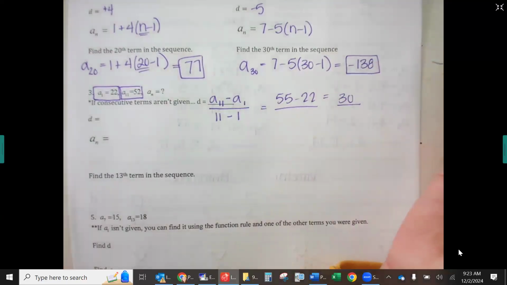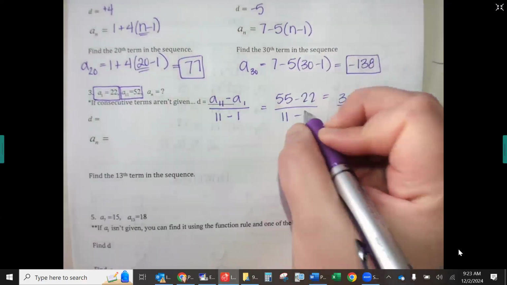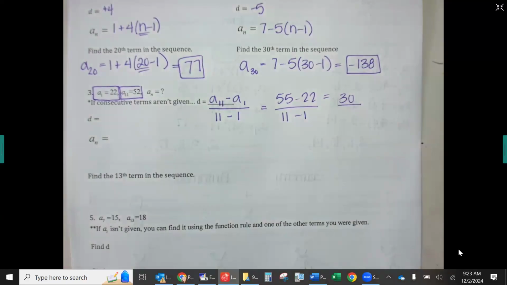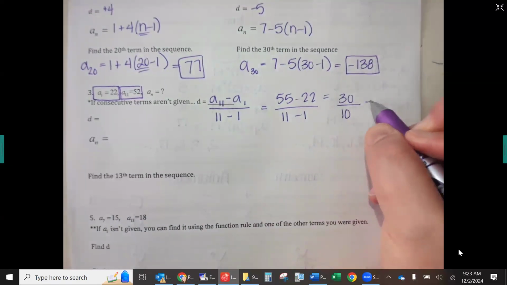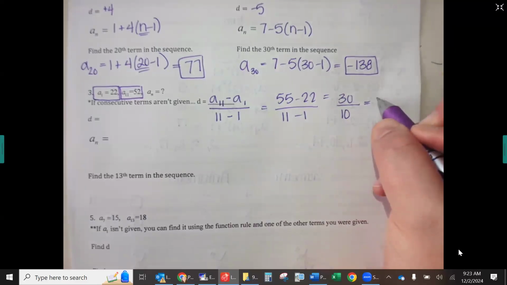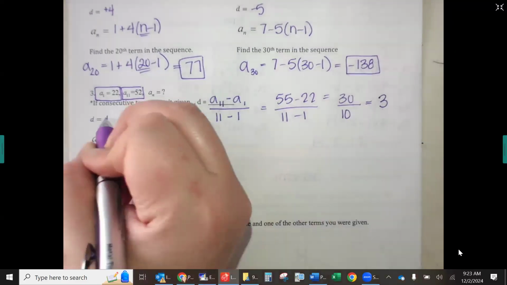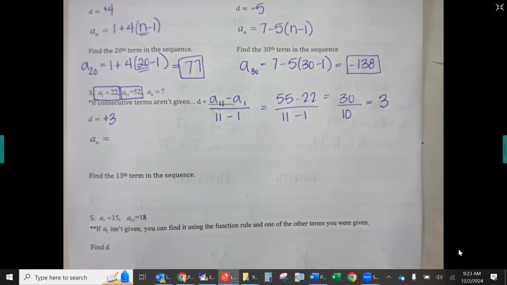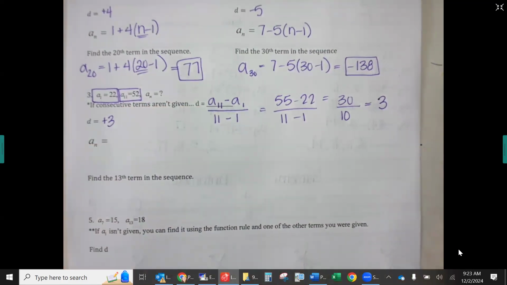And then my terms went from 11 to 1. How many terms went by? 10. And what is 30 divided by 10? 3. Then my difference is a plus 3 each time. So even though it jumped 30, since it took 10 terms to do that, that's why you would divide them, to know exactly how much it went each time.